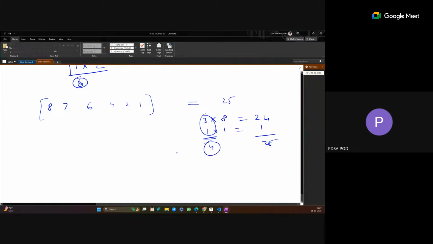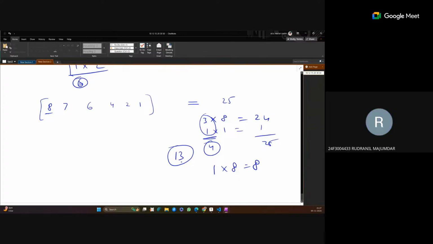Now take the amount 13 and apply the same algorithm again. You take 8 first, the highest value, so you can take only 1. After that, how much amount is remaining? 5 is remaining.